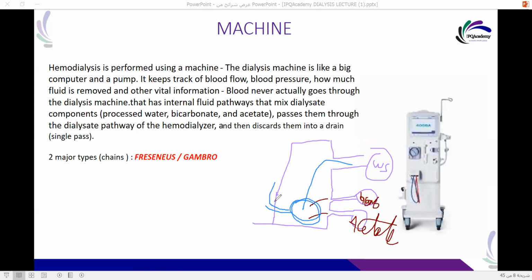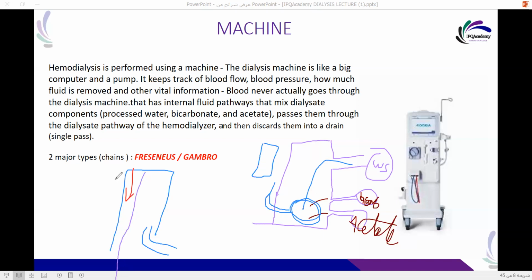It carries this dialysate to the dialyzer here. Let's imagine this is the dialyzer. We will explain this in detail. Here in the dialyzer, the fluid passes from down upward, while the blood passes from up to down, with a semi-permeable membrane in between.